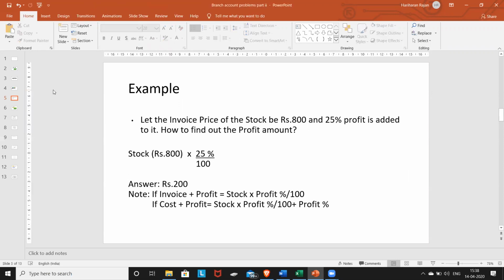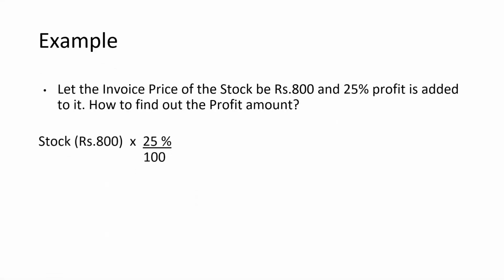Let the invoice price of the stock be 800 and the profit percentage added is 25%. How do I find out the profit? It is very simple. 800 into 25%, I get the profit, that is 200.